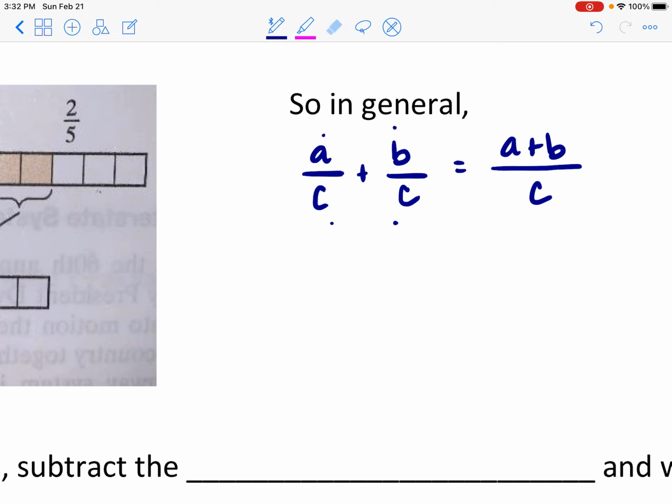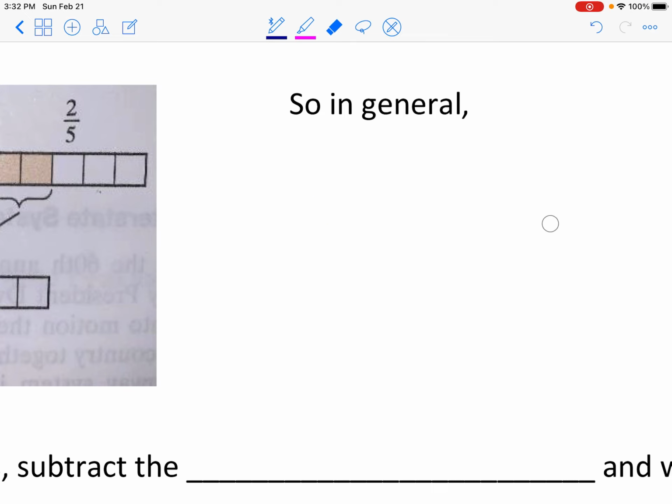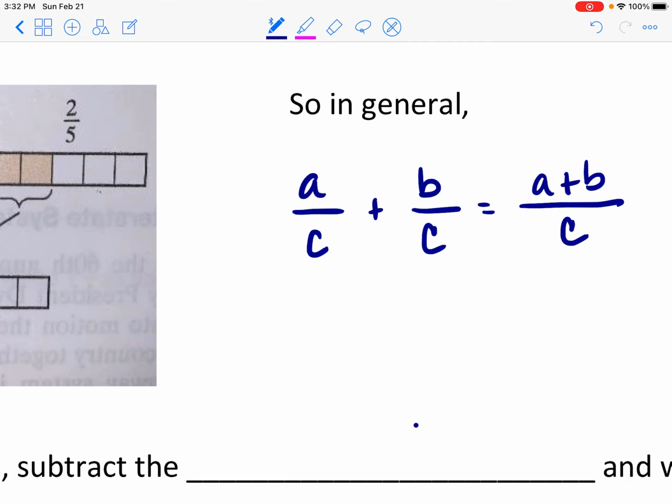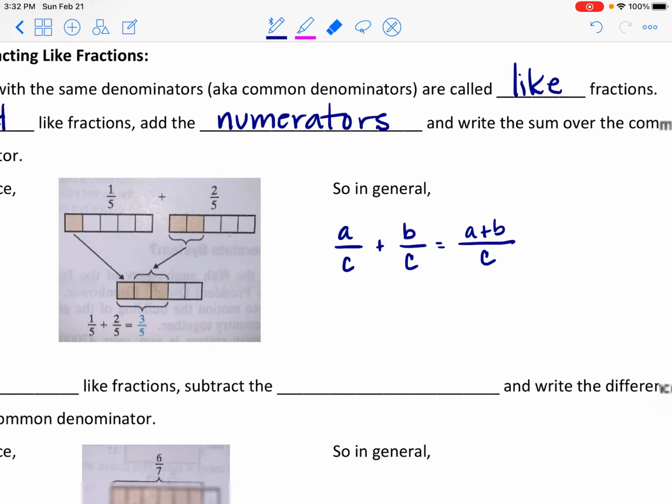So in general, that's how that looks, okay? So if you're adding a over c plus b over c, then you're going to have a plus b over c.